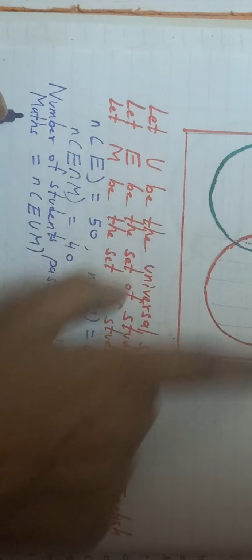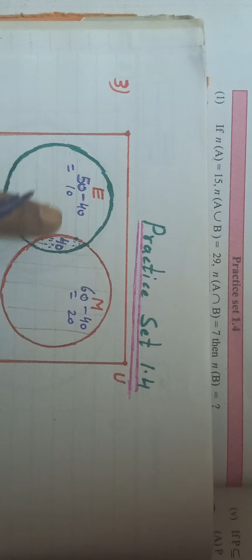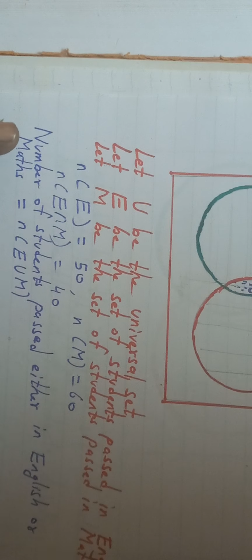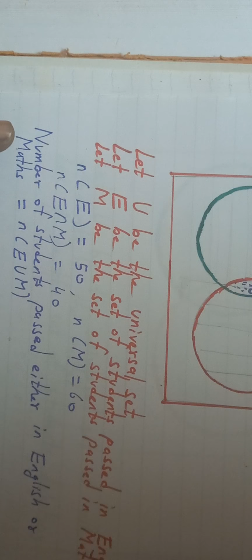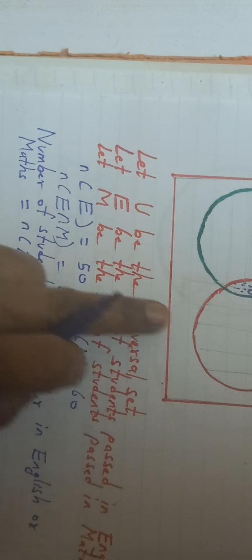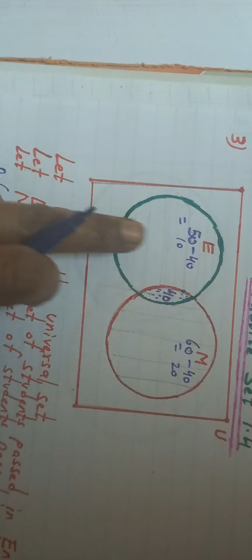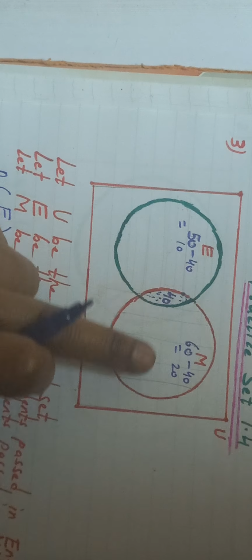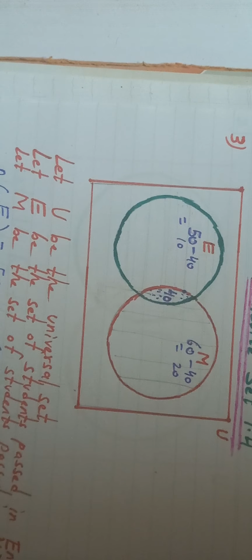So by Venn diagram directly also I can write now 10 plus 40 plus 20 and finish it off. And by formula also we can do. Whatever is your choice, you can solve it and you can get. By Venn diagram directly now what I will write? 10 plus 40 plus 20, that is 70. That is my answer.